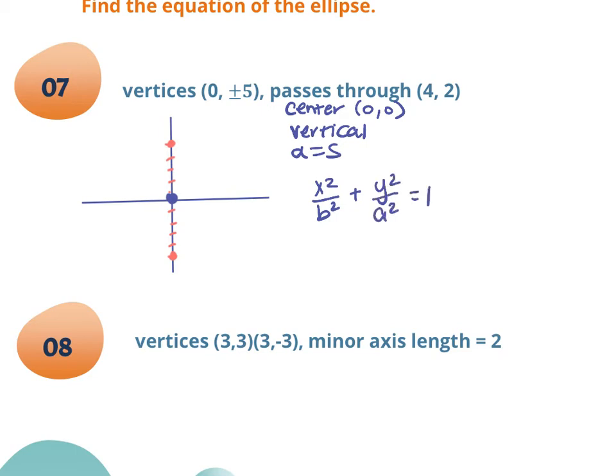With these ones, when there's a 0 and then a number that's not 0, and it gives you a vertex, that's your A. If it was co-vertices, it'd be your B. And if it's focus, it's your C. Only when it's at 0, 0 though. Wouldn't your C be 5? No, that's if it's a foci. Foci is C. Vertex is A, co-vertex is B, foci is C.